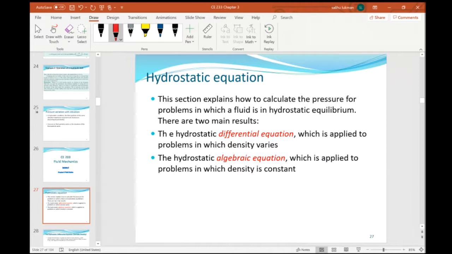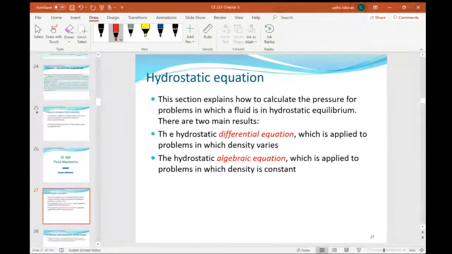Okay. This section explains how to calculate the pressure for problems in which a fluid is in hydrostatic equilibrium. Okay. Hydrostatic equilibrium, so meaning the fluid element is held by the pressure forces, by the fluid pressure.